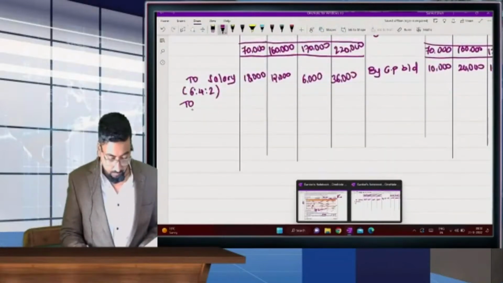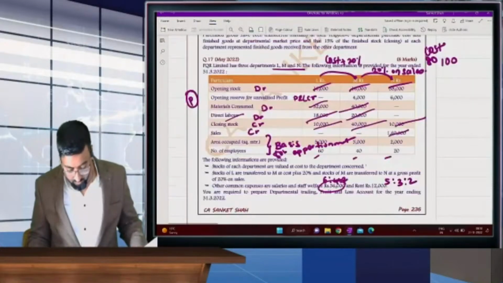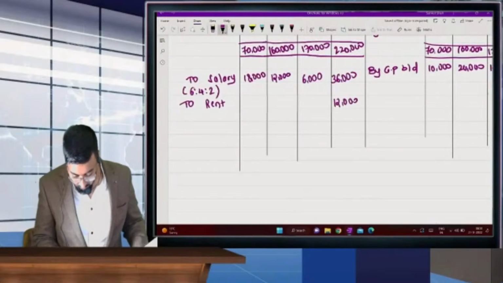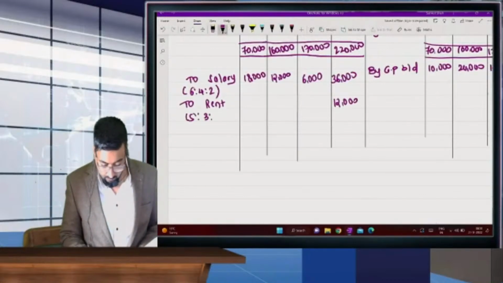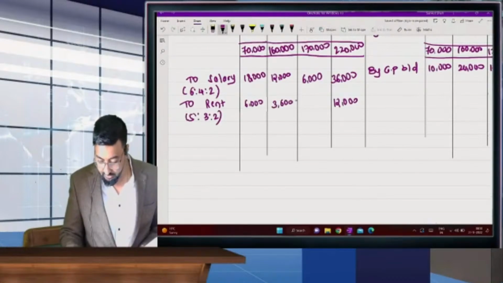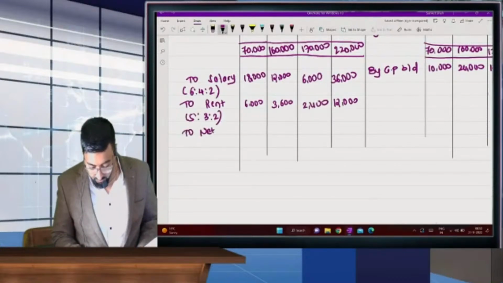To rent, 12,000 in the ratio 5 is to 3 is to 2. 12,000 divided by 10 into 5 is 6,000, 3,600, and 2 is equal to 2,400.